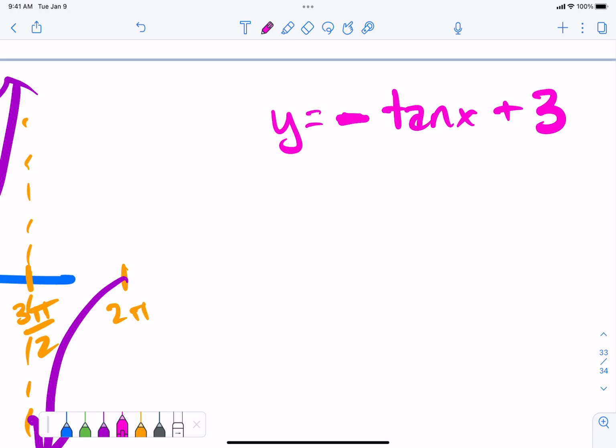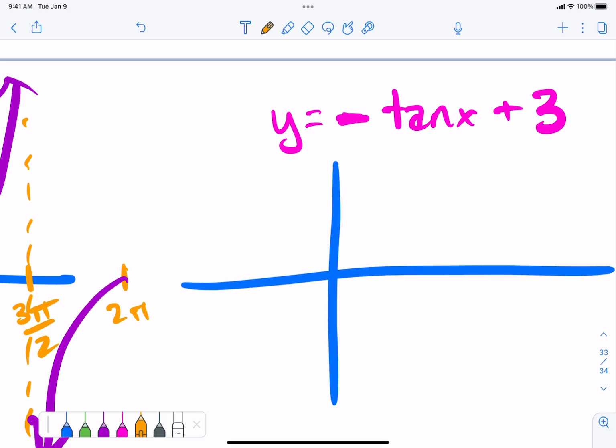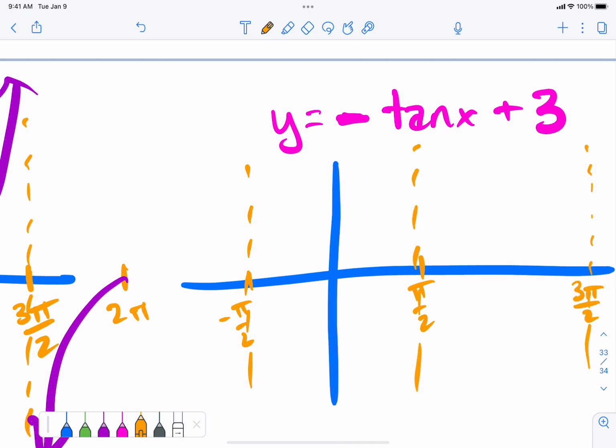So it now starts at 3. Well, it's up 3, so its middle dot will be at 3 instead of at 0. Oopsies, I did that wrong. I did the first one right, and then I forgot to carry it on. Negative pi over 2, positive pi over 2. Look at that, boys.